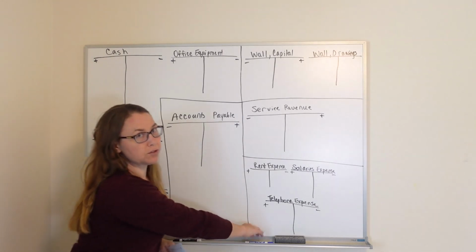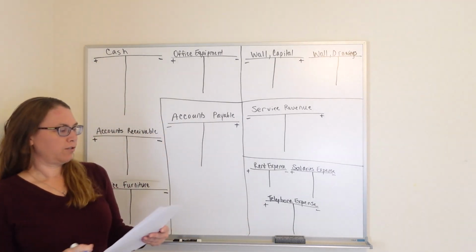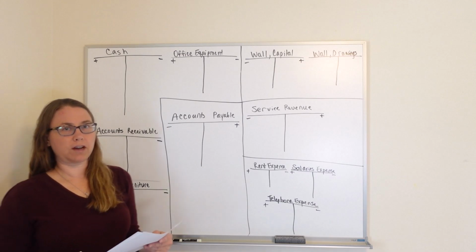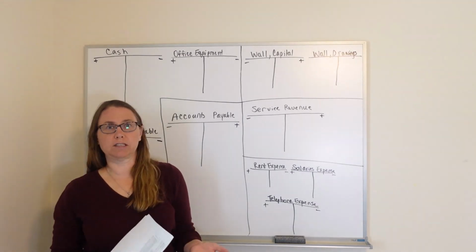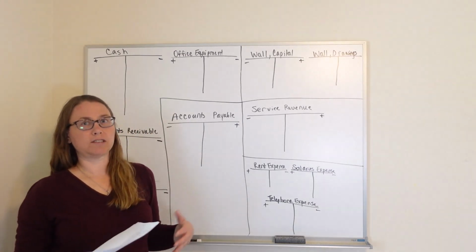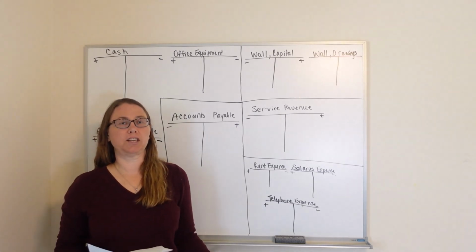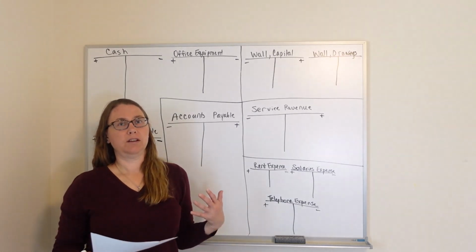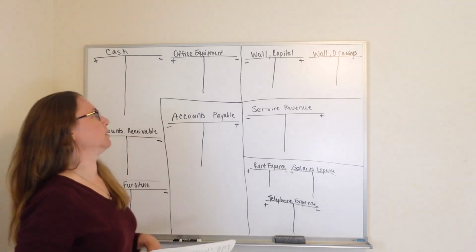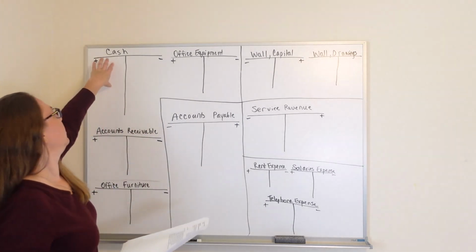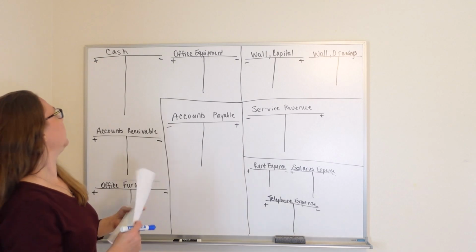So let's just go through these examples. The first one is Wall, the owner of the company, invested $90,000 into his business in cash. Now it says cash, but like I said in my last video, cash represents normally the checking account in a business. So cash, we're going to add to it with a debit.